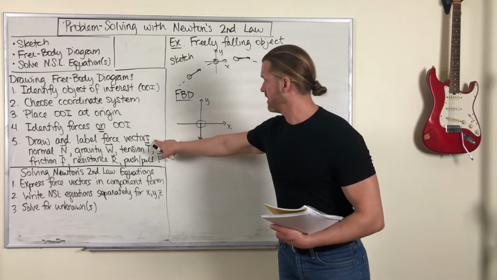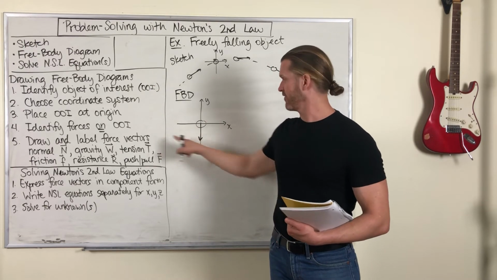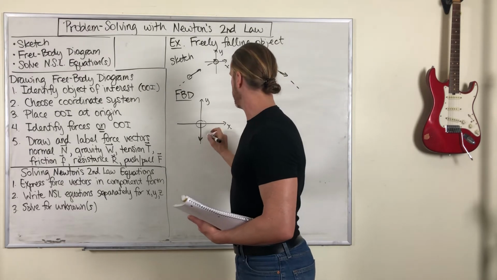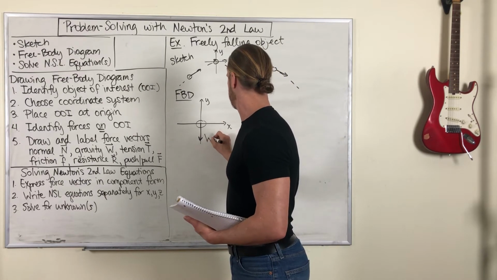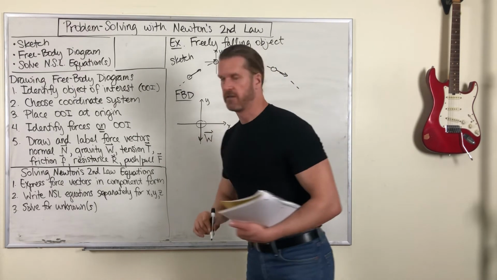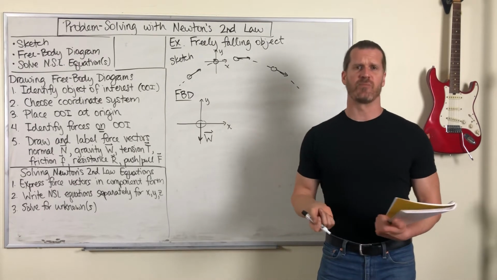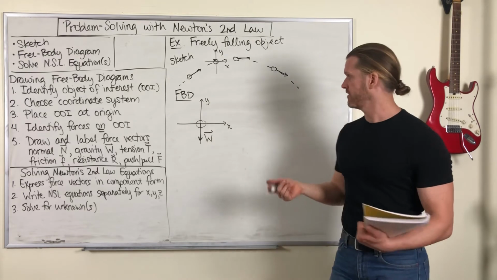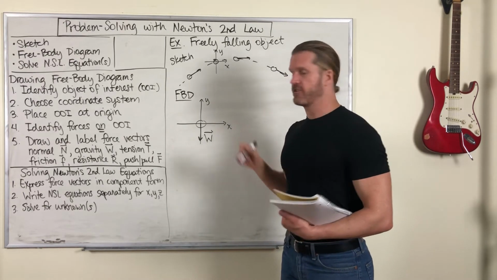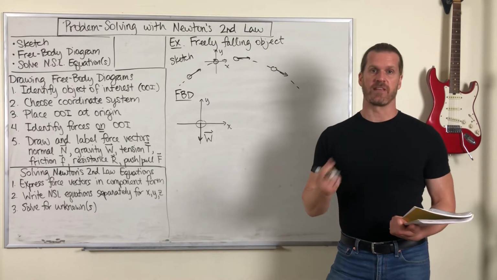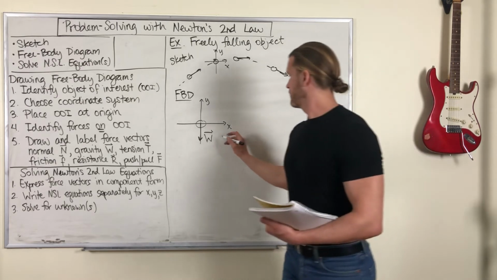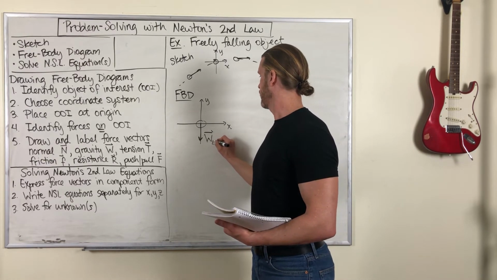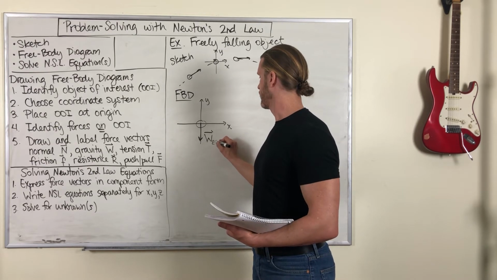So I'm going to draw this force vector, well I just drew it, now I'm going to label it with a W. So we use W for gravity. Remember, W means weight, which is another word for the gravity force on an object. And it's traditional to put subscripts labeling what object is causing the force, what object is receiving the force.